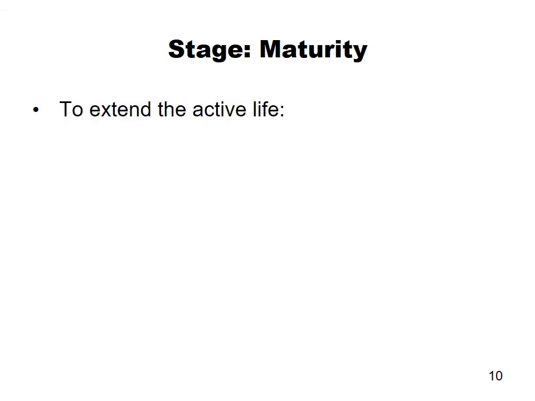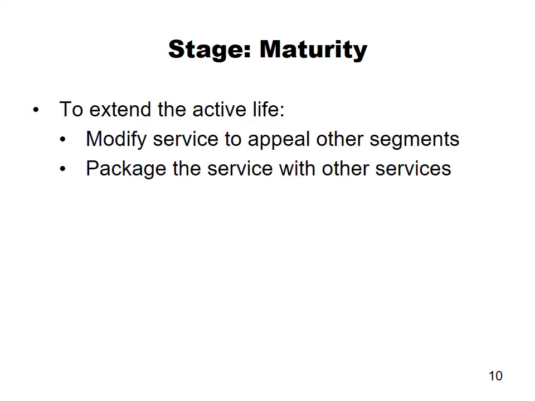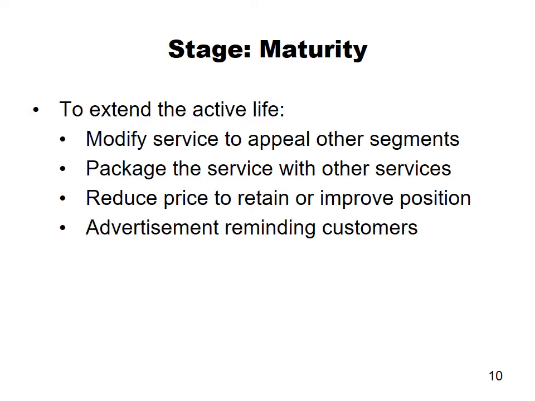To extend the active life, the bank will try to modify the service to appeal to other segments. Package the service with other services, like package services A and B together to form one package. This is to reduce price to retain or improve the bank's position. Continue to invest in advertisement to remind customers about these services.